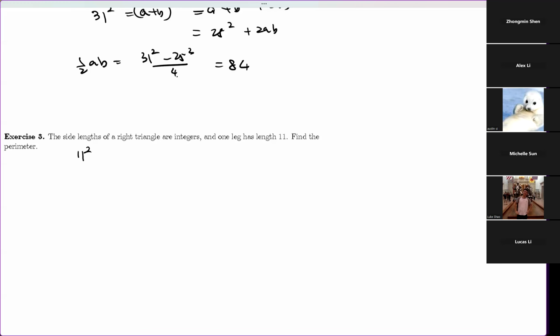We know that 11 squared plus 60 squared is 61 squared. Indeed that is true. Then if you know this is true, the perimeter is going to be 11 plus 60 plus 61. That is 132.